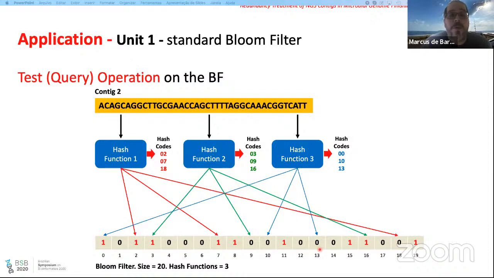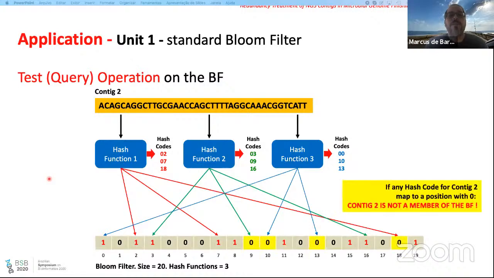As a property, the Bloom filter cannot allow false negatives. If just one position with 0 is mapped, I can ensure that this contig is not in the set. So if any hash code for contig2 maps to a position with 0, contig2 is not a member of the Bloom filter. This is how we can detect duplicated contigs with the Bloom filter.